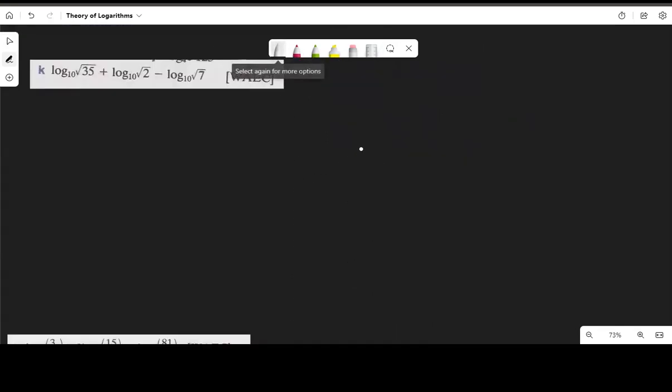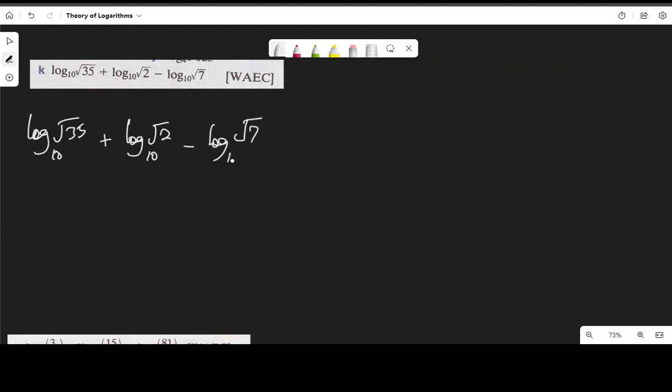The first one here, we have log root 35 to base 10 plus log root 2 to base 10 minus log root 7 to base 10. If I apply the laws of logarithm, this first one here will be log root 35 times root 2 to base 10 minus log root 7.